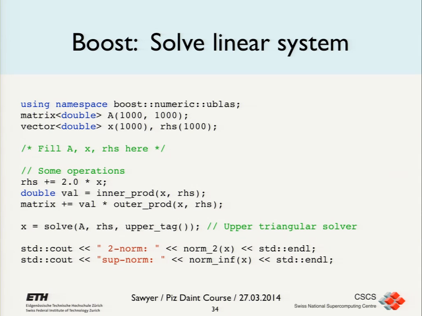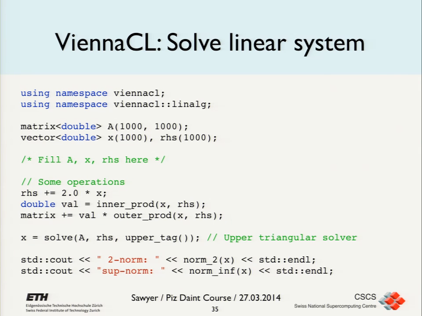Okay, so ViennaCL takes the same design as Boost uBLAS, and you can similarly define a dense system, just like you could in Boost, and do exactly the same sort of operations, but from within ViennaCL now.